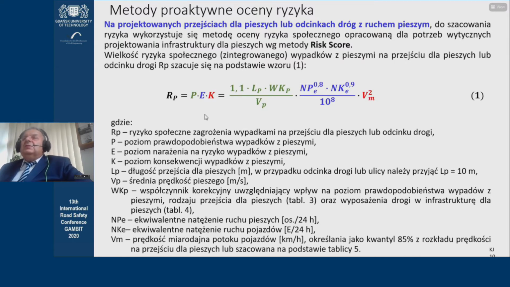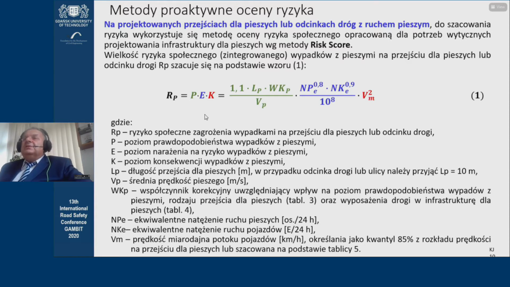Proactive methods, and we did this as part of our work for the lighting guidelines. We used the risk score method, and here's our proposal to assess risk based on the likelihood of being at risk. And this is assessed based on the length of the pedestrian crossing, the speed of pedestrians, and how much time they spend on a crossing.